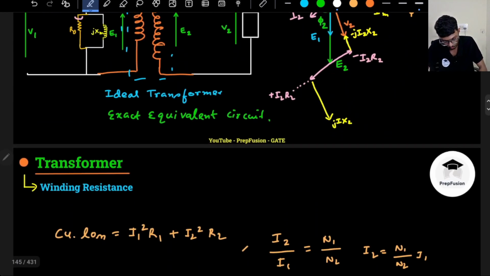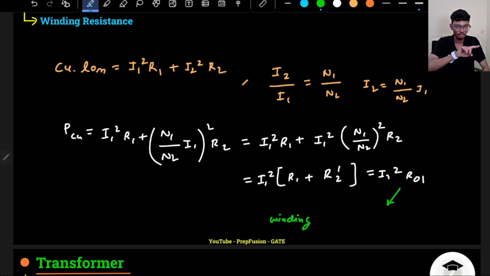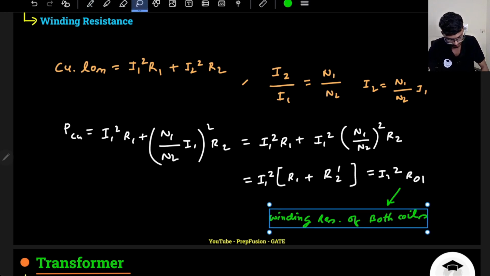R01 is the winding resistance of both the coils, referred to the primary.